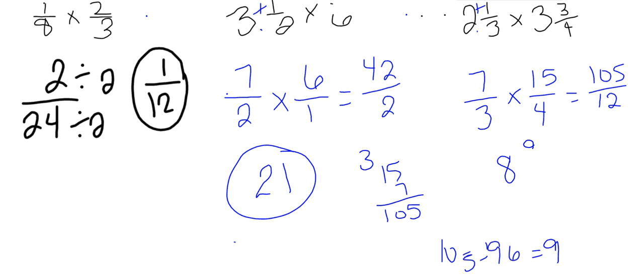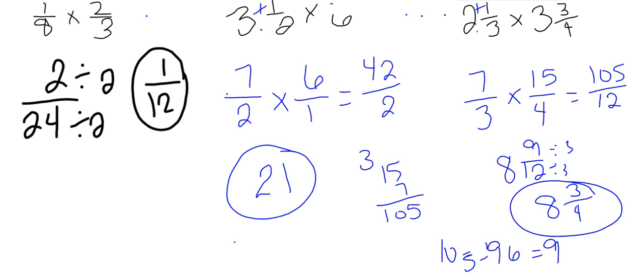Then I'm going to have 8 9/12. But I can reduce that 9/12, I can divide everything by 3. So my final answer is going to be 8. 9 divided by 3 is 3. 12 divided by 3 is 4. 8 3/4.